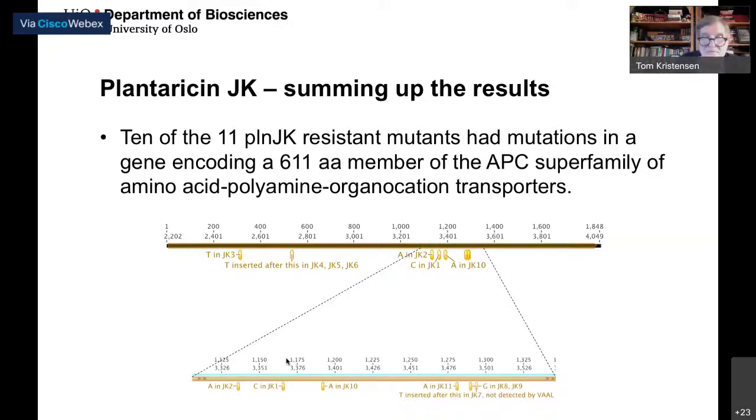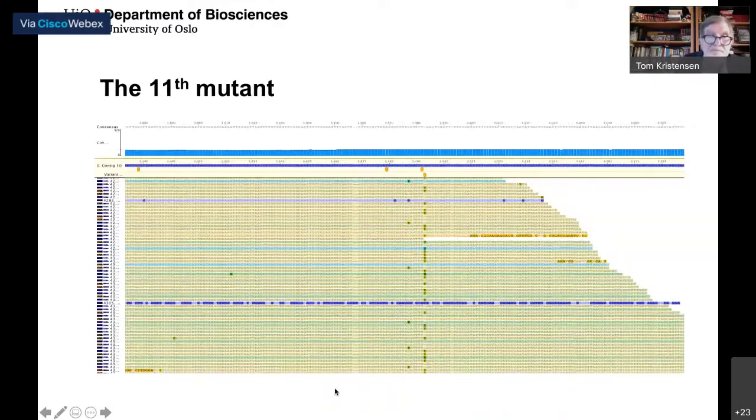So 10 of the 11 resistant mutants had mutations in this gene, many of them localized in a specific region of the protein or the gene.